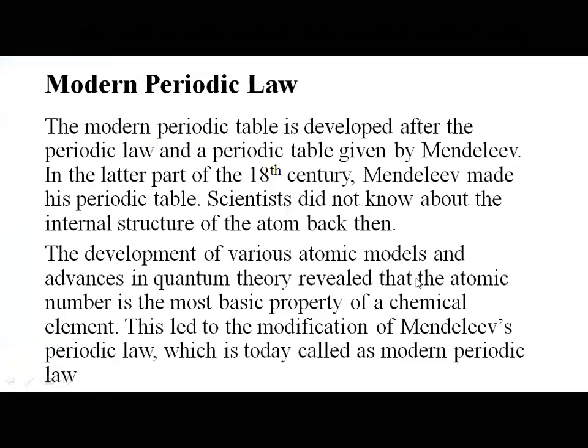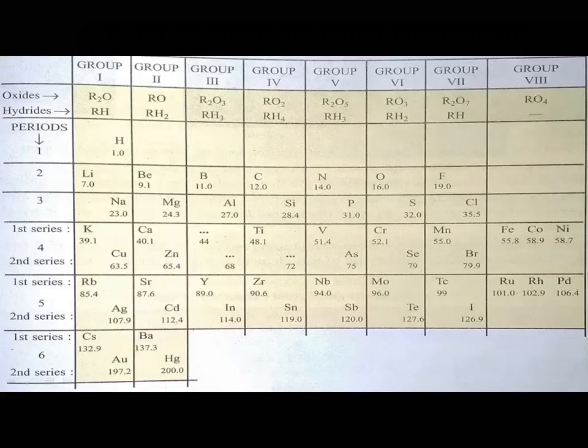Let us stop with Mendeleev's periodic table. We have discussed three periodic classifications: Dobereiner's law of triads, Newlands' law of octaves, merits and demerits, Mendeleev's periodic law, all the characteristics of Mendeleev's periodic table, then the merits, or achievements you can say, and the demerits of Mendeleev's periodic table.